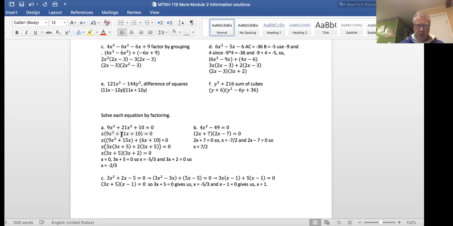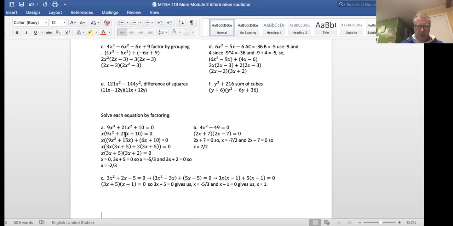Now for this 9x squared plus 21x plus 10, I'm going to use the AC method. I need two numbers that multiply, 9 times 10 would be 90, and add up to 21. And so 15 times 6, again, these aren't always going to be that quick, but 15 times 6 is 90, and 15 plus 6 is 21.